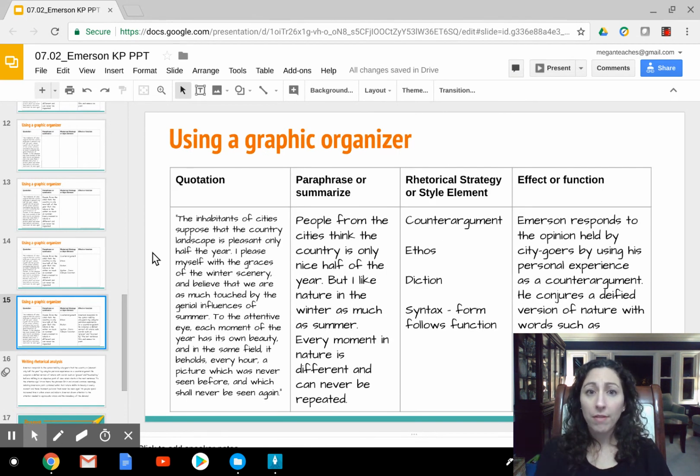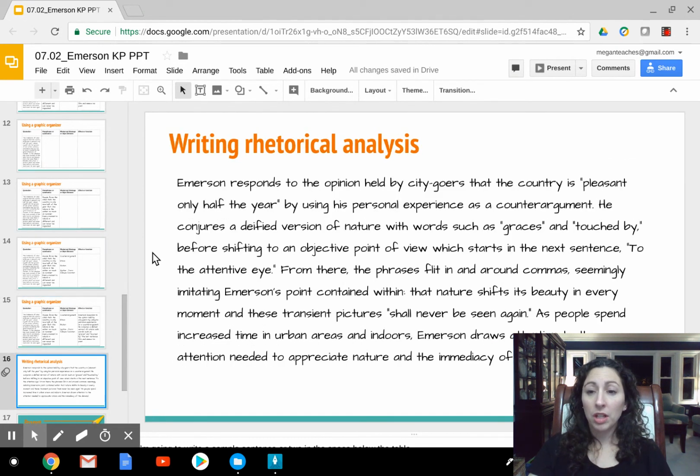In my graphic organizer, I said, Emerson responds to the opinions held by citygoers, right? But in my more formal version, I've included their opinion. I've included that textual evidence and the quoted part that clarifies the opinion, right?